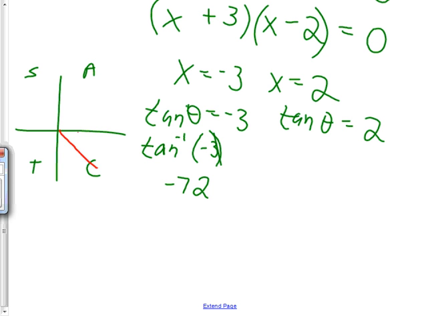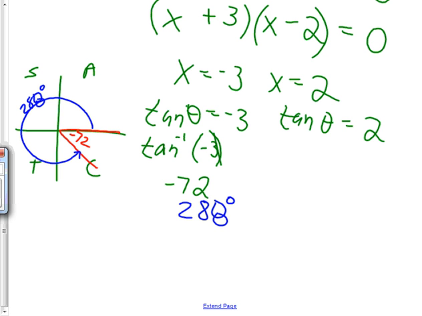What is that in terms of a positive degree? Well, we go all the way around the horn, and we could take 360 and take away the 72, and we end up with 288 degrees.